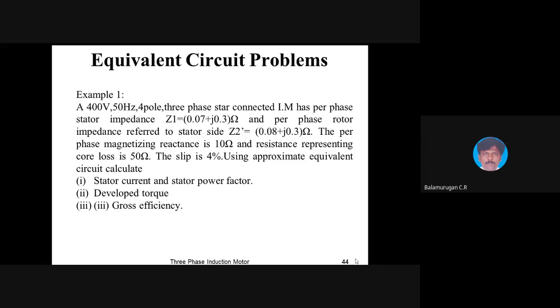So I2 dash equal to 230.94 divided by R1 value 0.07 plus 0.08 plus 1.92 plus j, and this is x2 dash, 0.3, 0.31.